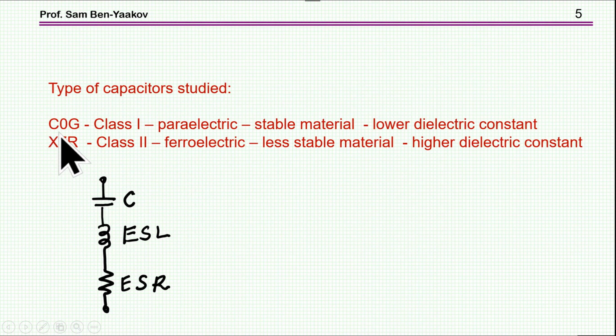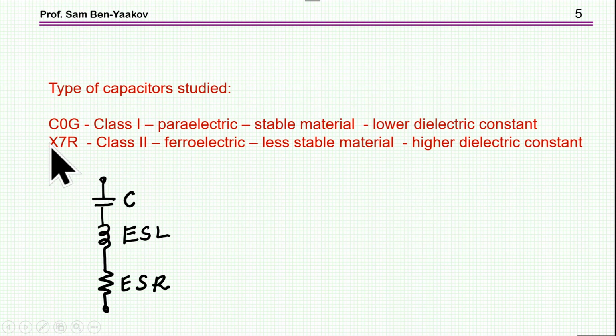In this study, we have included 2 materials. One is the C0G, or NPO, which is designated as class 1. This is a paraelectric material, very stable, but it has a lower dielectric constant as compared to the ferroelectric material, which is denoted as class 2, which is a less stable material but has a higher dielectric constant, and consequently you can build capacitors of larger capacitance at a smaller size.